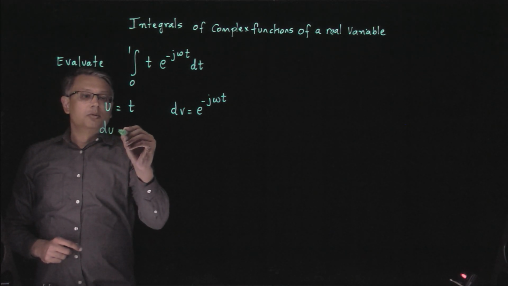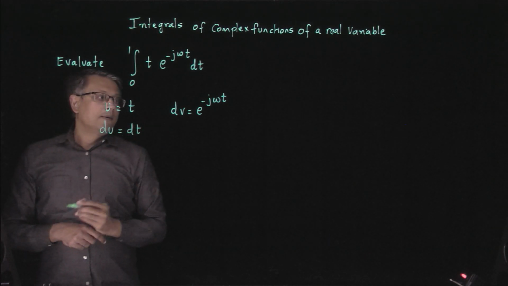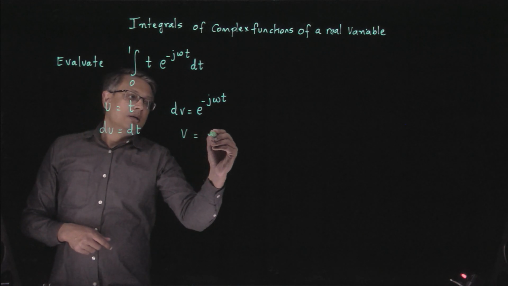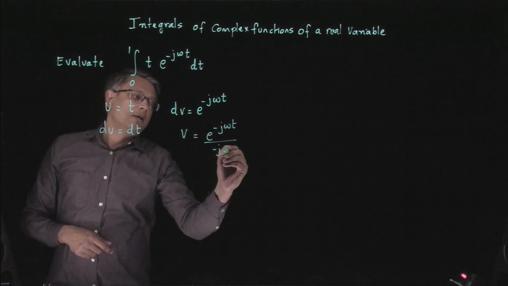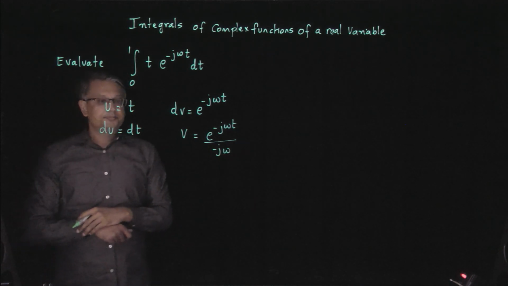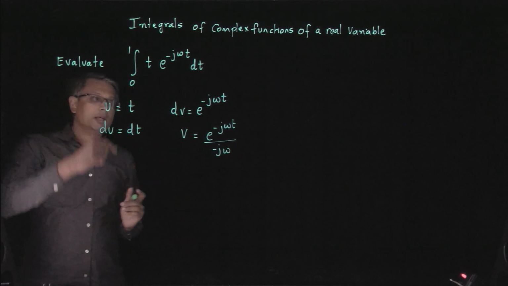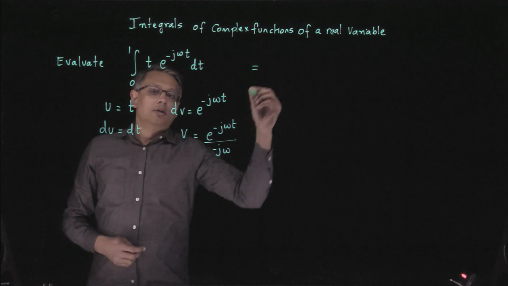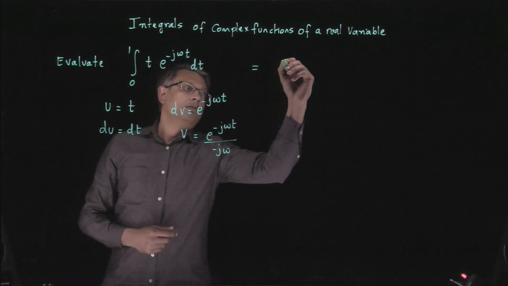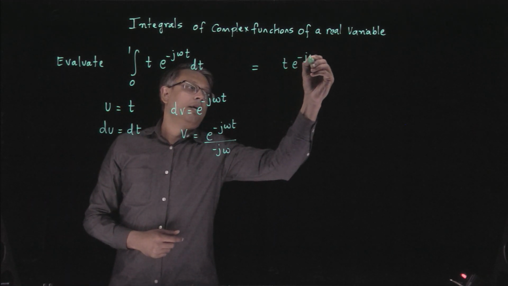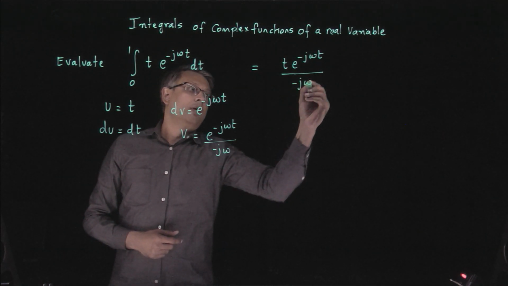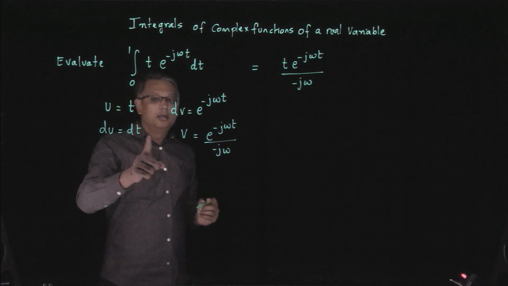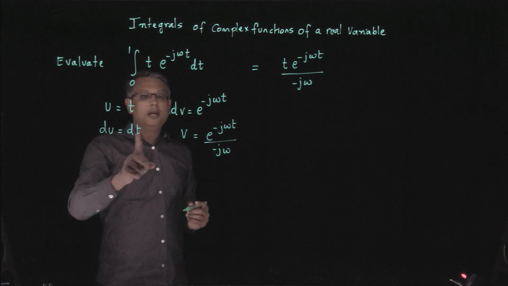So du must be equal to dt, and v is e to the negative j omega t divided by negative j omega. And so the integral then becomes u times v, which is t times e to the negative j omega t divided by negative j omega, uv minus integral v du.